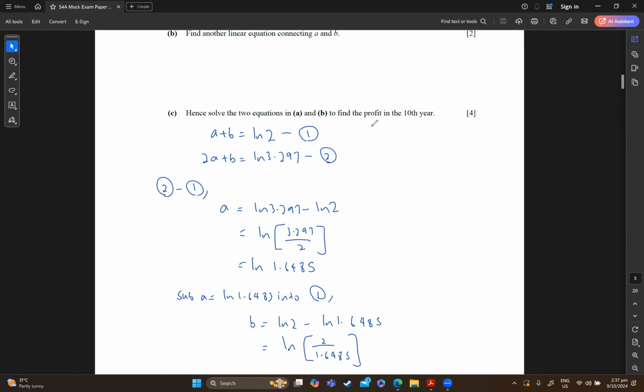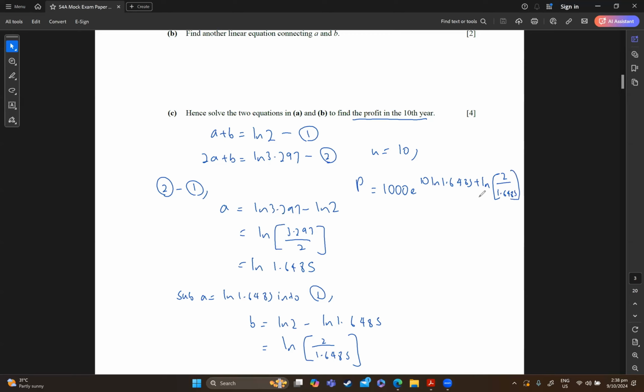So after you solve for A and B, now find the profit in the 10th year. When N equals 10, P equals 1,000 e to the power of 10 ln 1.6485 plus ln, open a bracket, 2 over 1.6485.